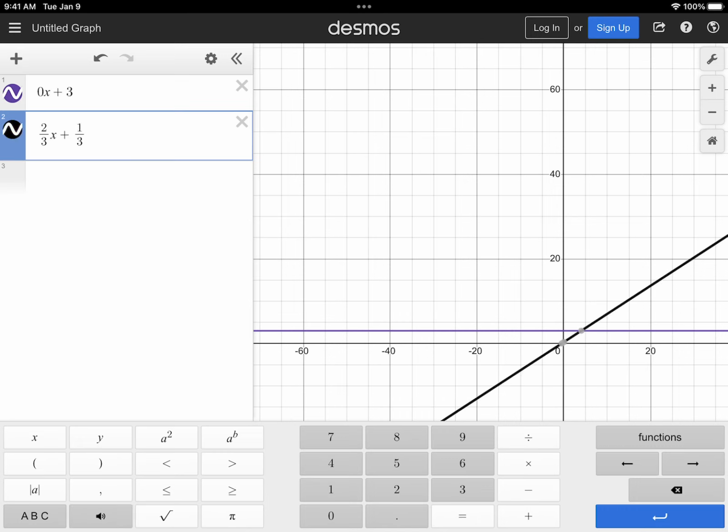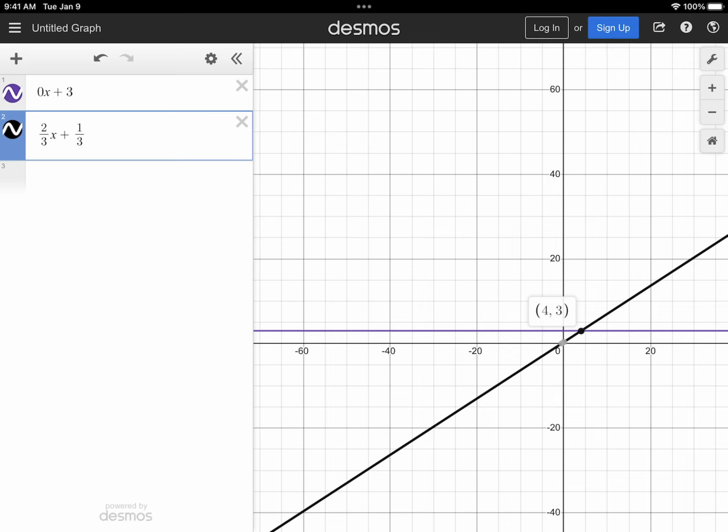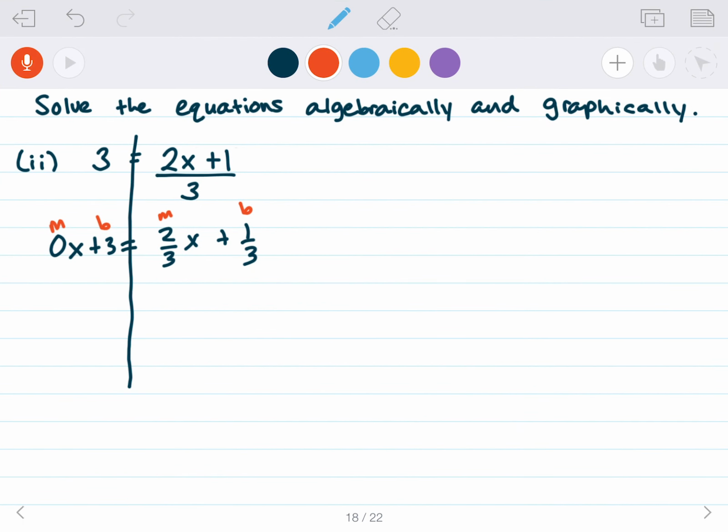Okay, so now we can just see where their intersection is, and it looks like they intersect at x equals 4. So that's where they cross each other. So that's how we know our solution's x equals 4. So exactly one solution. And that solution is, not 3, 4.